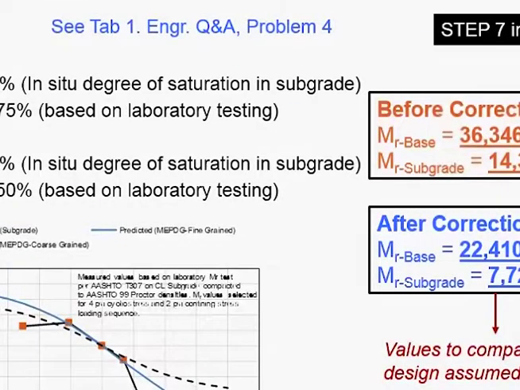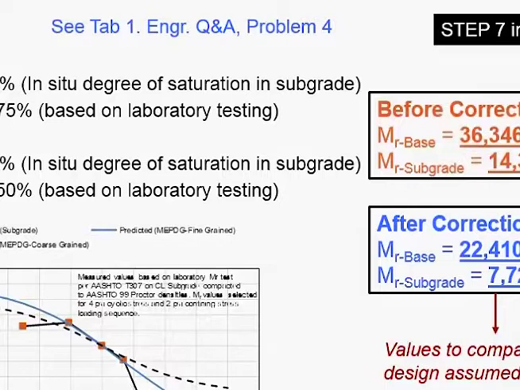And then we can make a correction for moisture content. So there are basically 2 approaches we're using right now. One is per the MEPDG moisture correction factor. And the other is by actually taking samples and running a test. We can't be afraid to run tests on these materials. They're really complicated materials.